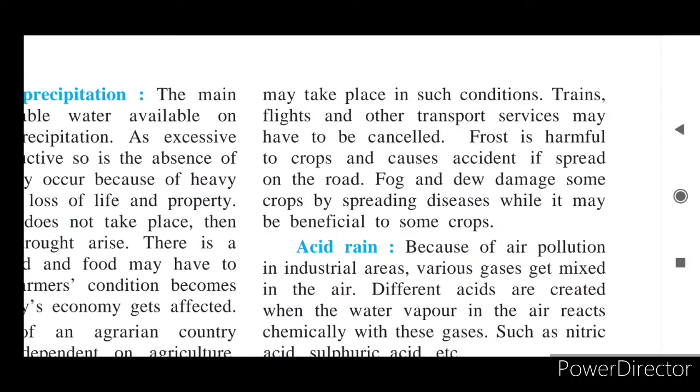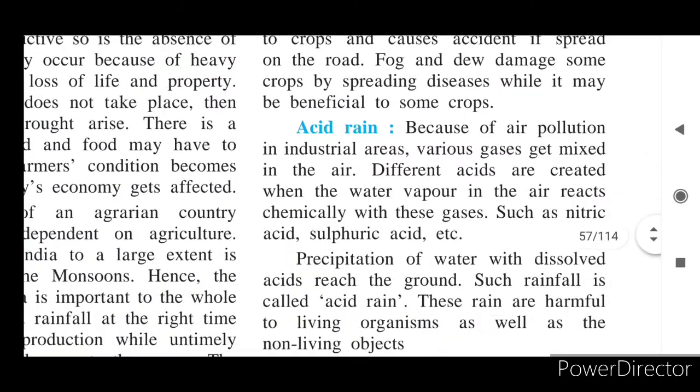And accidents also happen if that frost or snow is on the road; there is a possibility the tire will slip and an accident takes place. Fog and dew damage some crops by spreading diseases, while it may be beneficial to some crops. So here they are saying fog and dew are beneficial for a few crops and dangerous for other crops. So now we will study acid rain.